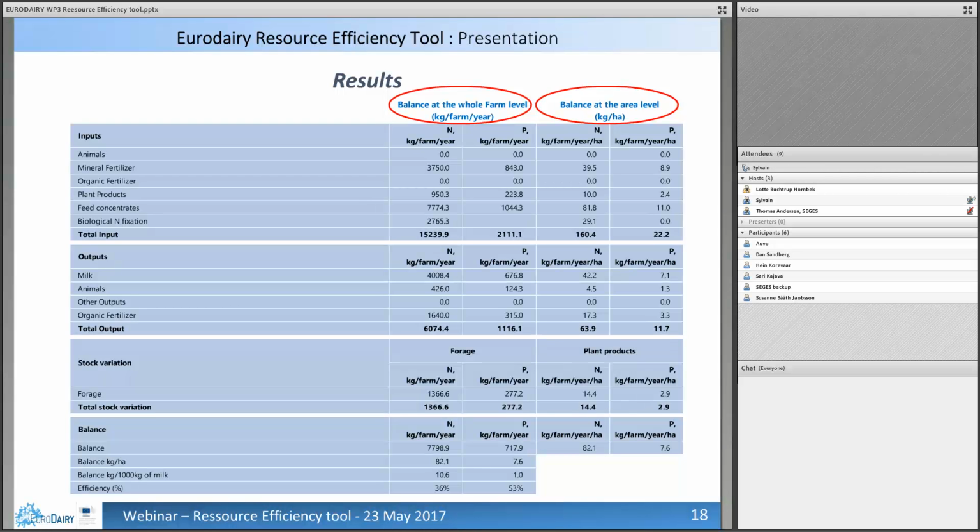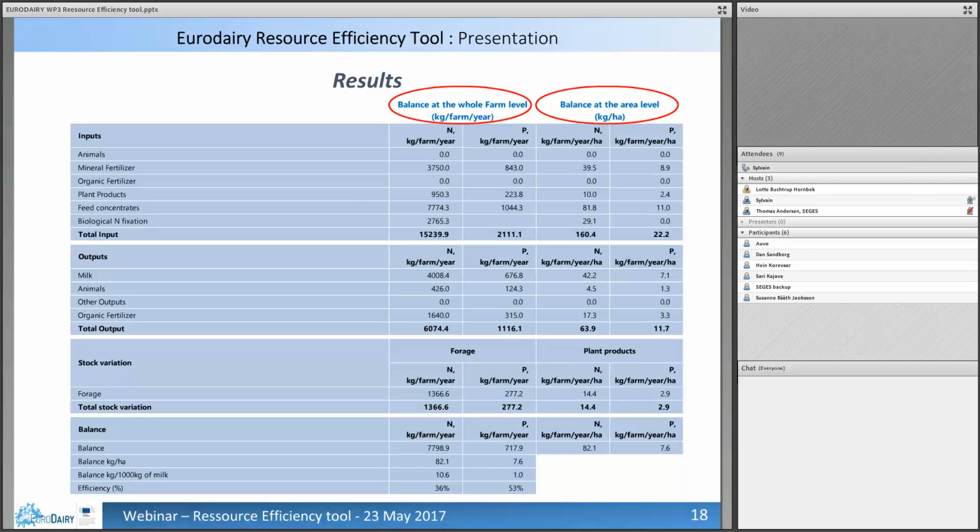So you find for each input, for each output, and for the stock variation, the quantity of nitrogen and phosphorus corresponding. You have this information for the whole farm in kilograms per year and reported to the dairy area.